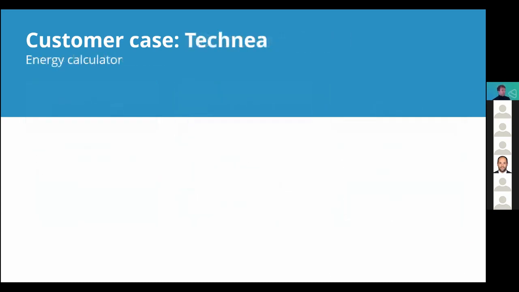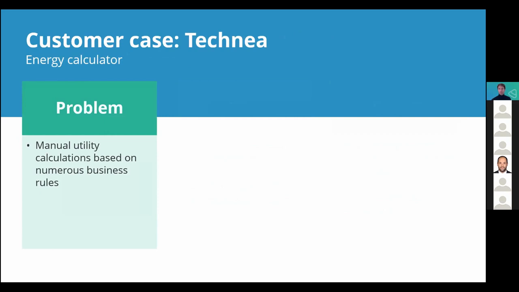And the second one that I want to quickly show is Technea. They built an energy calculator. Their problem was that calculating the best ways to save energy for customers was a manual and time-consuming process. So they do solar panel installments and other, let's say, energy savers for homes.